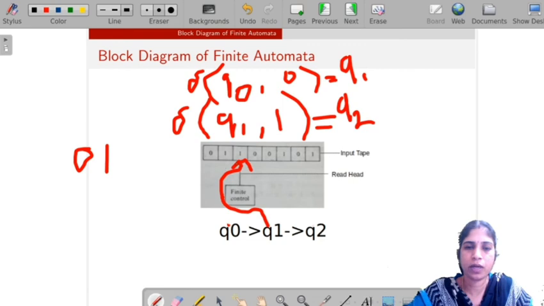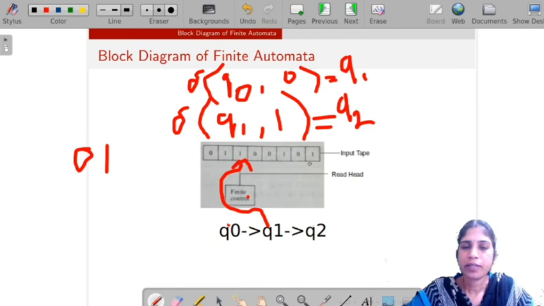That is the string accepted by the automata if Q2 is a final state. That means when the finite control is in a final state, the string up to the point pointed by the read head but not including that cell is accepted by the finite automata.